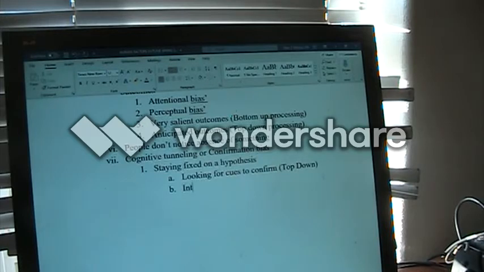And interpret ambiguous data to confirm our biased hypotheses.